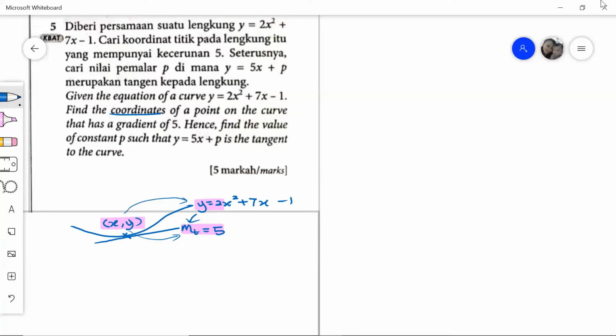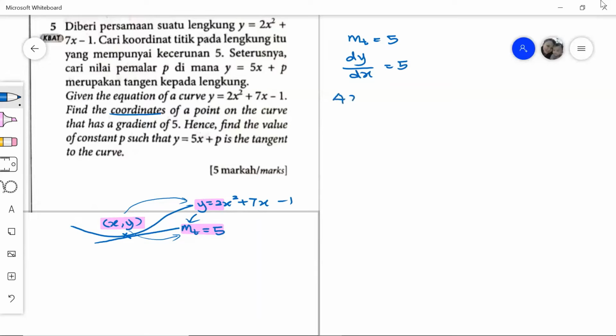Then I can get the complete coordinates of the point. So in this case, since I have gradient of tangent, which is also equivalent to 5, right? So the gradient of tangent is also equivalent to dy/dx. Okay. Therefore, we differentiate the y.